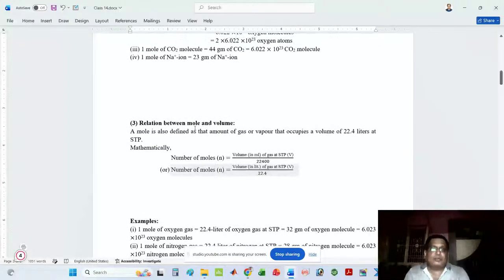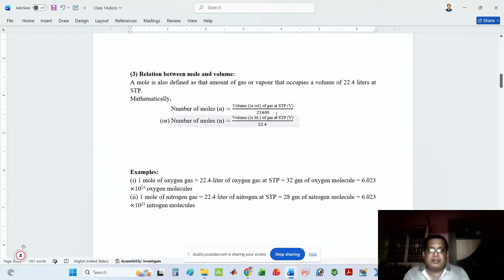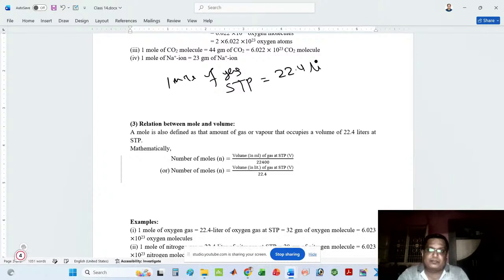Next, I move to the relationship between mole and volume. It is experimentally seen that the volume is equal to 22.4 liter. If you bring 1 mole of any gas, and the gas is present at STP, it must have the volume 22.4 liter.